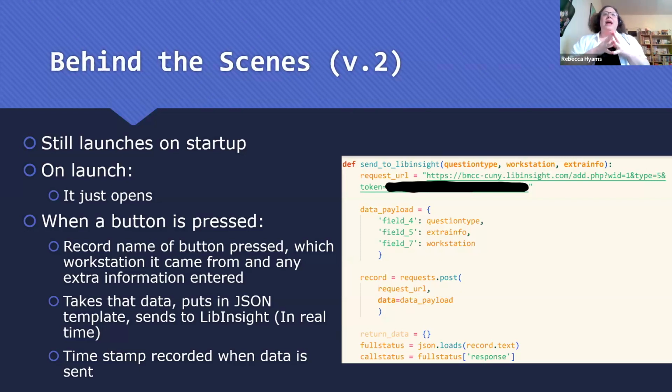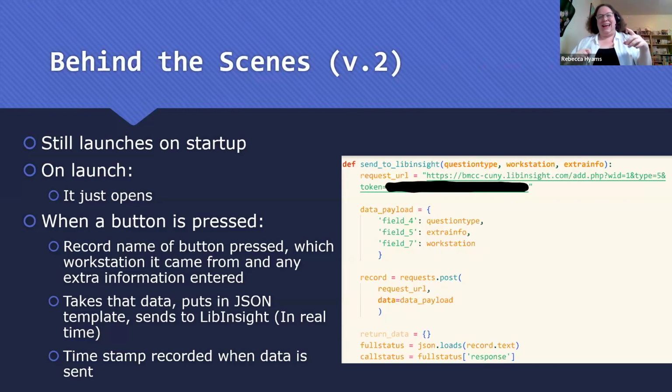And you can see, again, I have an example of my code here, and I'm sending the data to my request URL that I got from my LibInsight setup. I blacked out my token, but that's what it looks like. And you see my data payload, that's the JSON data that I am sending.